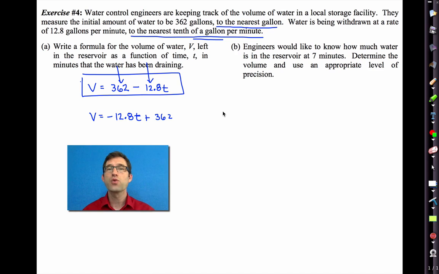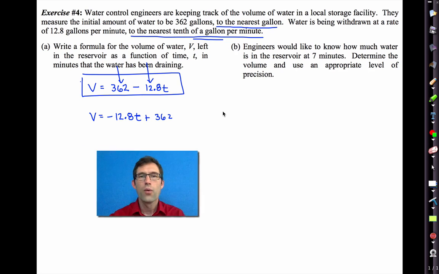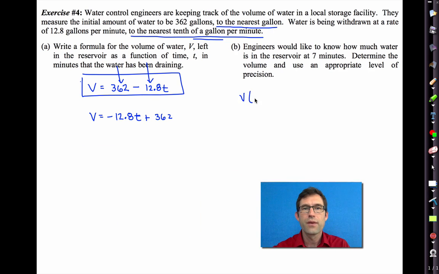Letter B. Engineers would like to know how much water is in the reservoir at 7 minutes. Determine the volume and use an appropriate level of precision. So go ahead. All right, let's go through it. Well, V of 7, I'm going to use that first one, will be 362 minus 12.8 times 7.